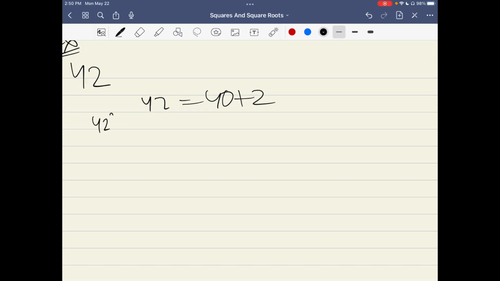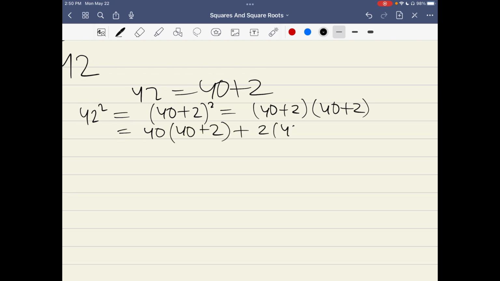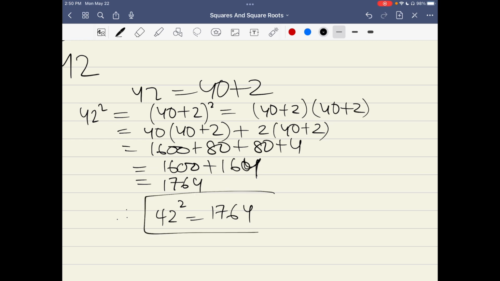So therefore, 42 squared will be (40 plus 2) whole squared, which is (40 plus 2) times (40 plus 2), which is 40 times (40 plus 2) plus 2 times (40 plus 2), which is 1600 plus 80 plus 80 plus 4, which is 1600 plus 164, right? Which turns out to be 1764. Therefore, 42 squared is 1764.